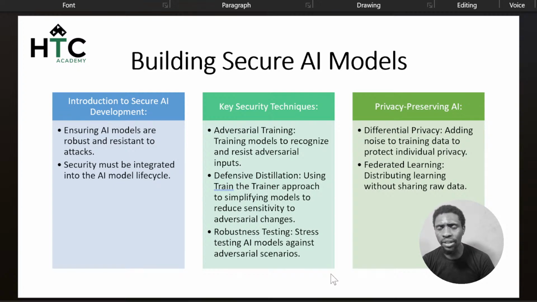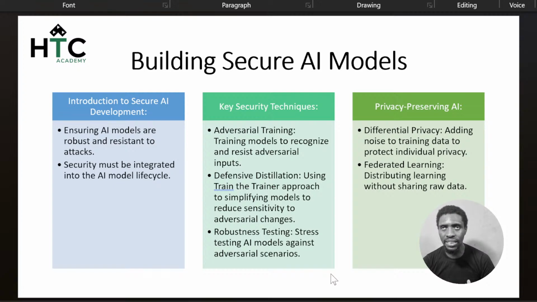The model generates an output. Instead of the output being used the way it would generally be, the output becomes a teacher that you would now use to train another model.